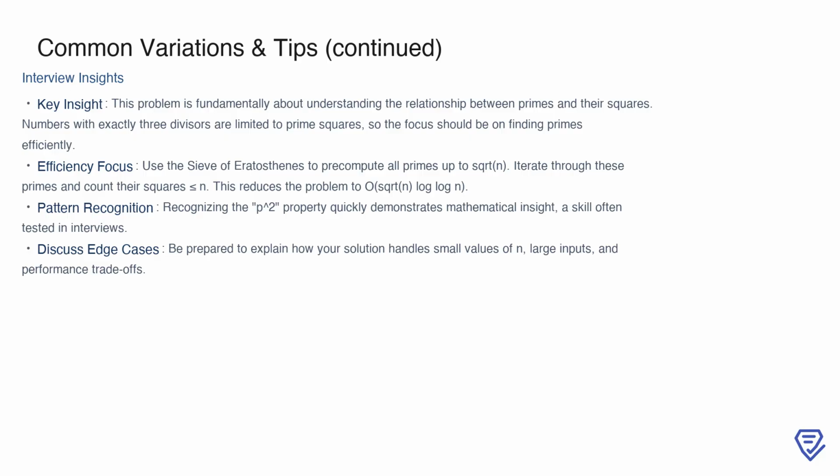This optimized approach reduces the complexity to n log n. In an interview setting, recognizing the prime square property and explaining it clearly demonstrates strong mathematical and problem-solving skills. Be prepared to discuss edge cases such as small values of n, large inputs, and the trade-offs in computational efficiency.